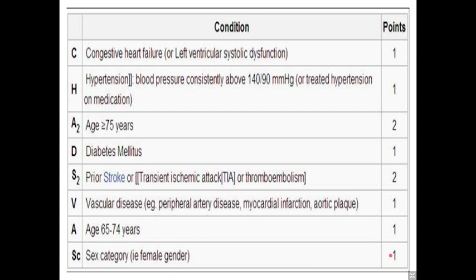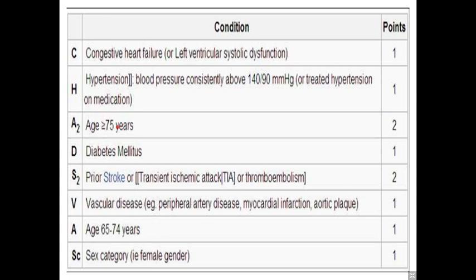And if your patient, for example, is a man with arterial hypertension and with diabetes, 2 points. Of course, this patient needs anticoagulants. If your patient is less than 65 years old, for example, a man with no additional diseases, this patient does not need anticoagulant therapy.